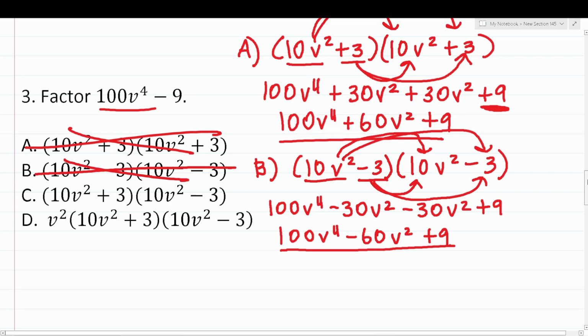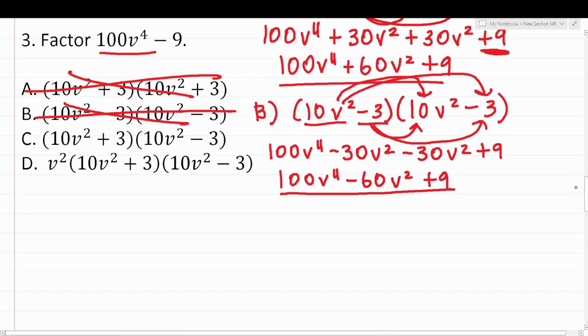Let's go ahead and expand C now, and I'm going to do that over here. We have 10v squared plus 3 times 10v squared minus 3. All right, so I'm going to say this one is going to work because I have negative 3 or positive 3 times negative 3.